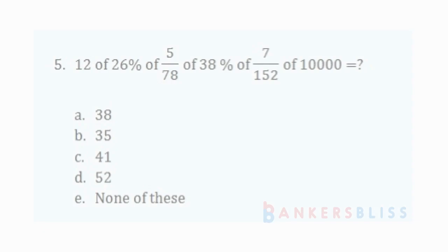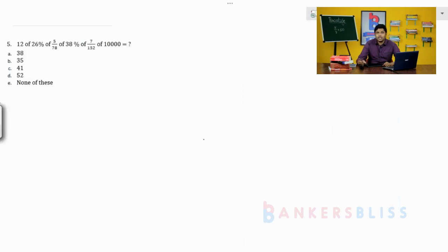Problem number 5. See here, a bit bigger problem. 12 of means multiplication. So 12 into 26%. See here, 26%, 38%, so many percentages are there.